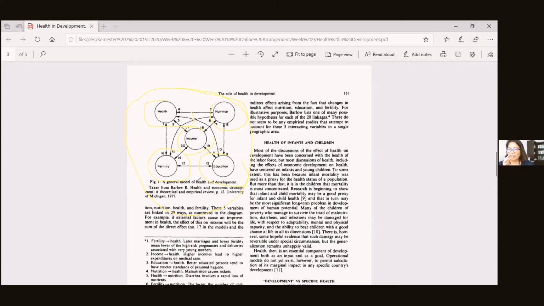When we talk about development, if you take development from the humanist perspective or human development approach, that goes down to Amartya Sen and Nussbaum, right? So you'll likely be looking at nutrition, fertility, or even access to education.